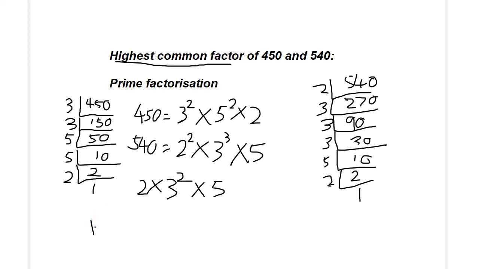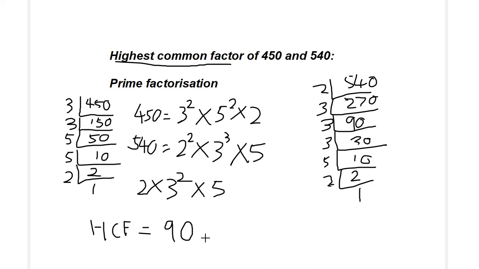So the highest common factor in this case is, 3 to the power of 2 is 9, 9 times 5 is 45, and times 2 is 90. So we get the answer as 90.